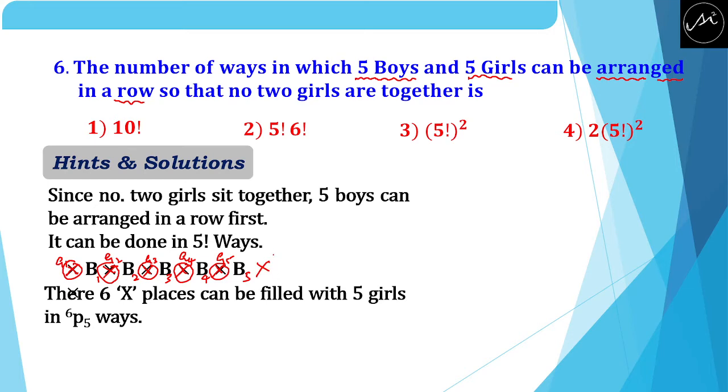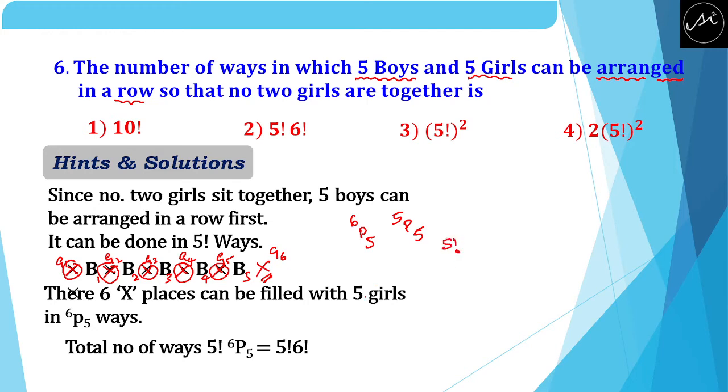So this is the 6th place for the girl. Clear? So all the 5 girls have 6 places. So 6 places for 5 girls, and you can see 5 places for 5 boys. Clear? So totally 5p5, you can write it as 5 factorial.